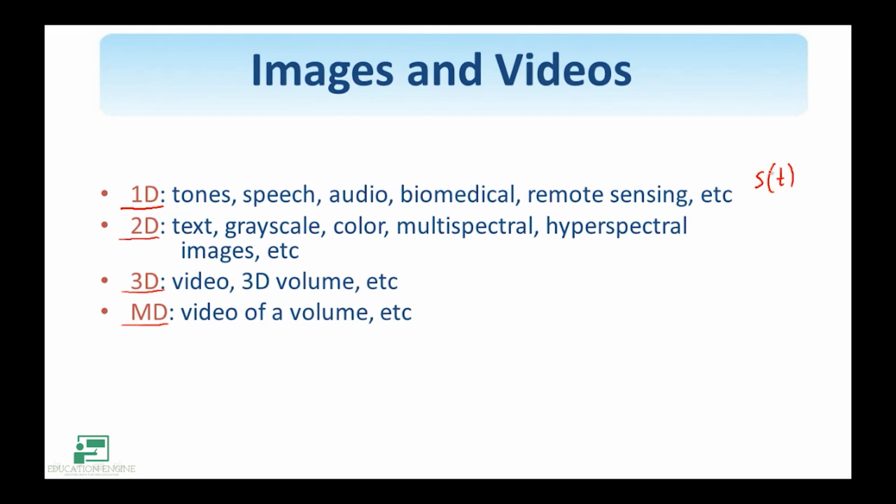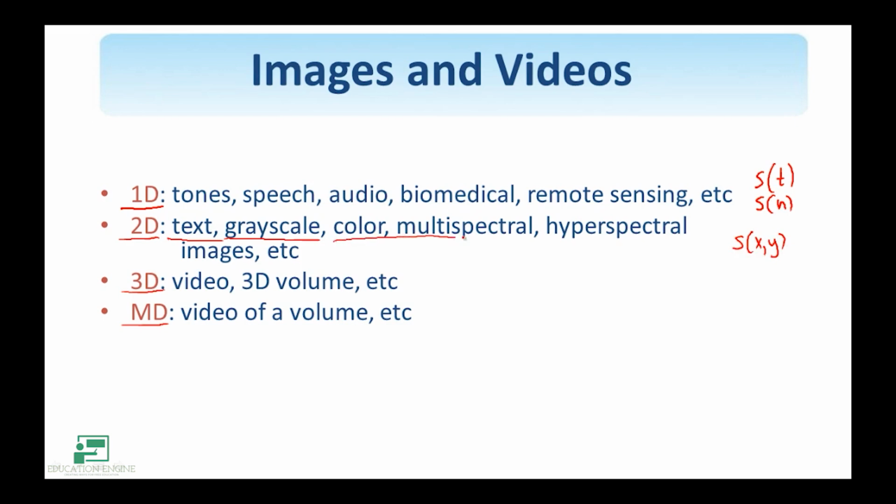If I look at it as continuous or discrete, I can call it s of n, so one independent variable. Text and grayscale images are certainly two-dimensional signals where the independent variables represent space. I can call it s of x, y, for example.